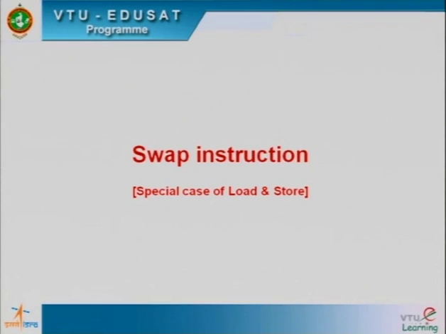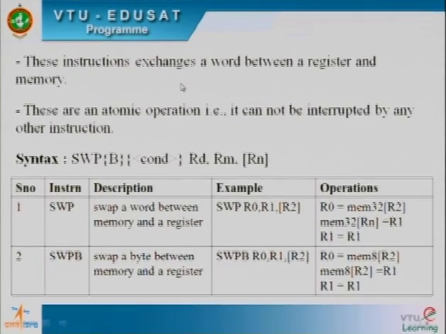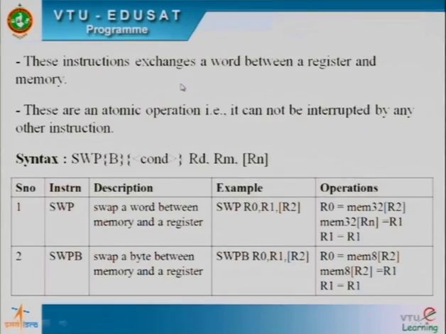Next, look at the swap instruction. Swap is one more very special instruction of the load store instructions. Please look at what it does internally. The first point: these instructions exchange a word between a register and memory. So the swap instruction helps to exchange a word between a register and the memory.